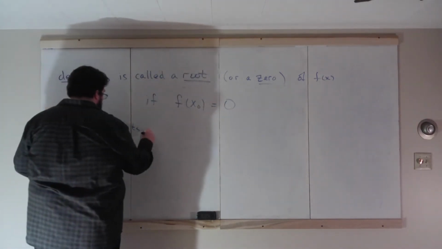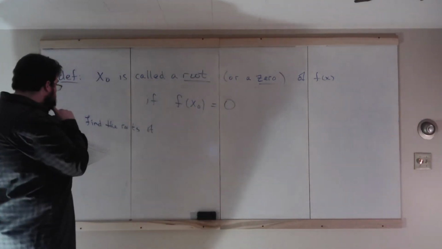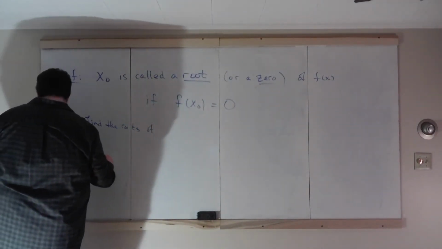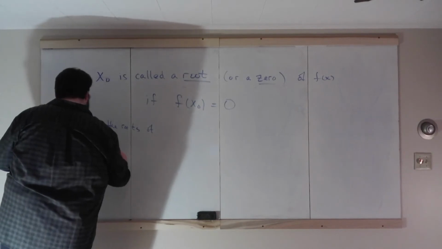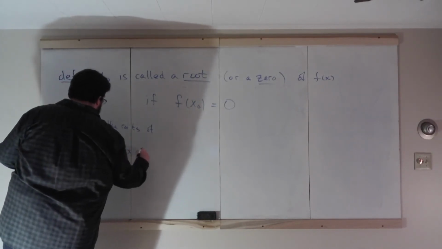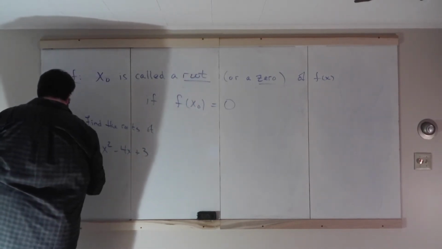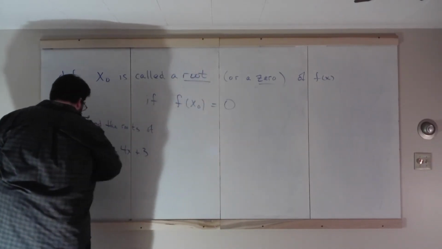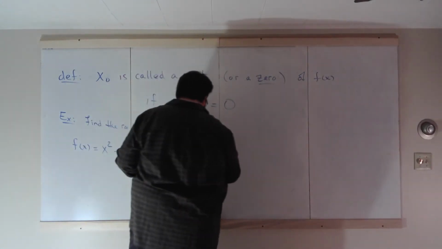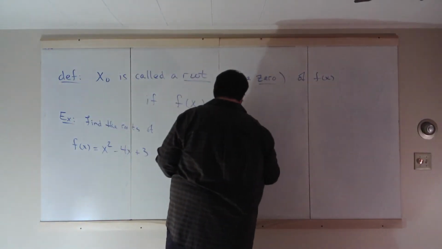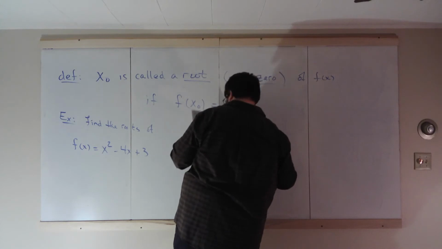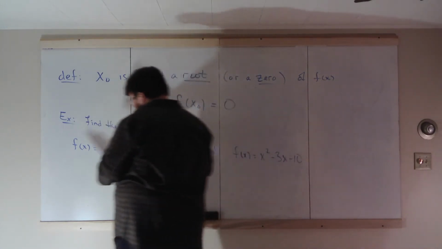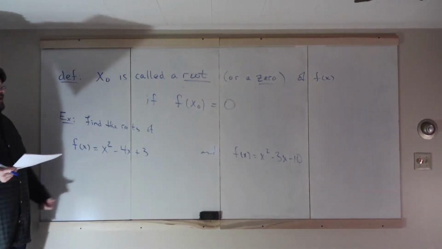Let's just write them here. f of x equals x squared minus 4x plus 3, and f of x equals x squared minus 3x minus 10. So we want to find the roots of these two functions.